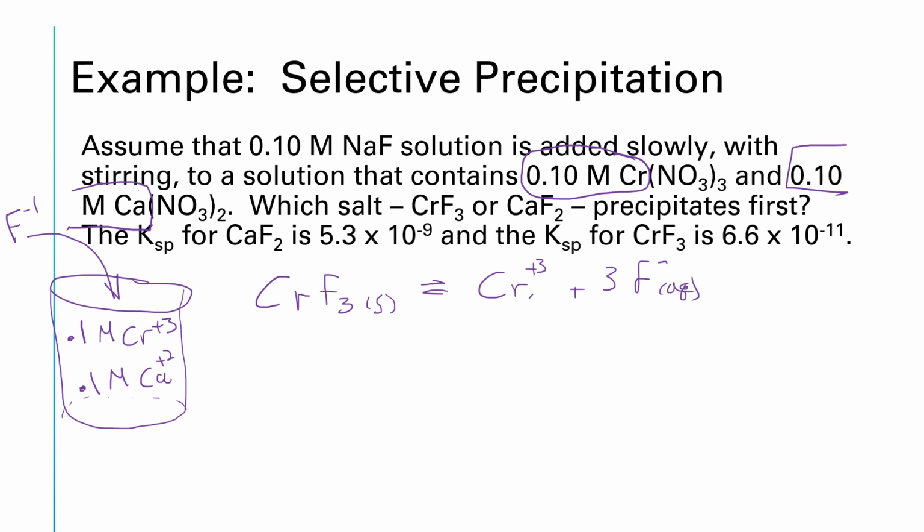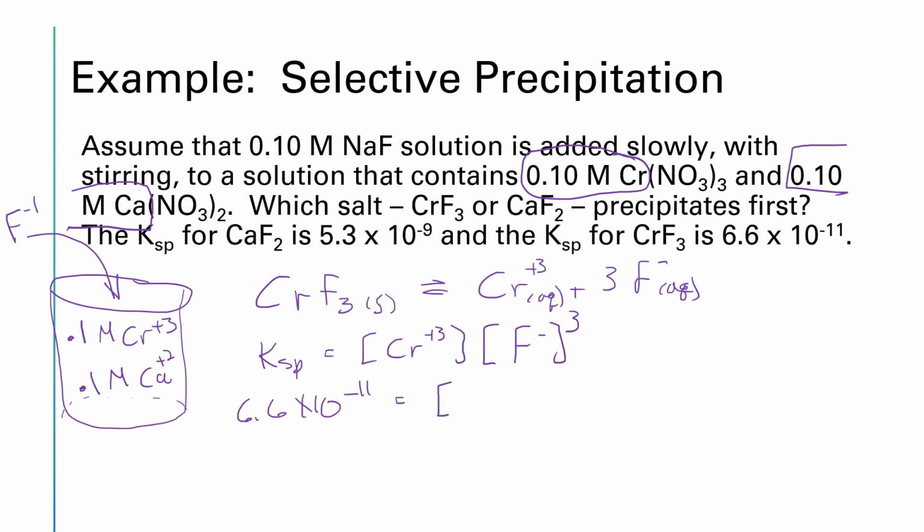And so our Q or our KSP expression is going to be chromium times fluoride cubed. And KSP for chromium fluoride was 6.6 times 10 to the negative 11. The chromium ion solution concentration is 0.1, and then the fluoride ion concentration is what we're solving for.